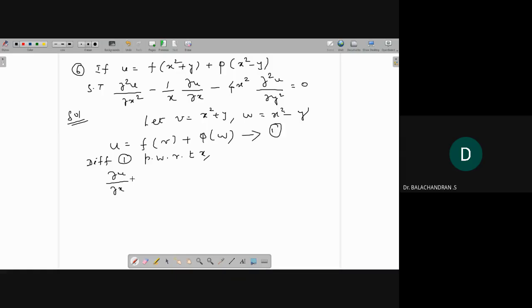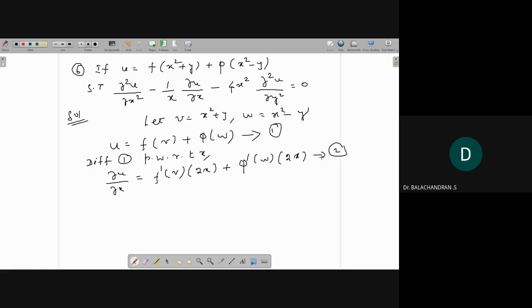Dou u by dou x is equal to f dash of v, and if you differentiate v with respect to x, you will get 2x, plus phi dash of w. If you differentiate w with respect to x, you will get 2x. You call this equation 2.